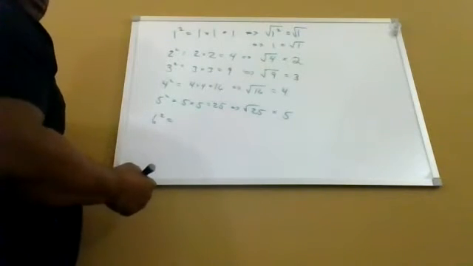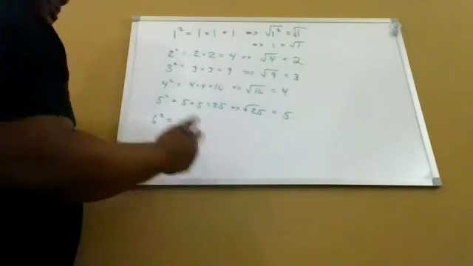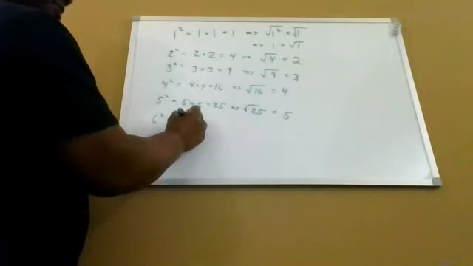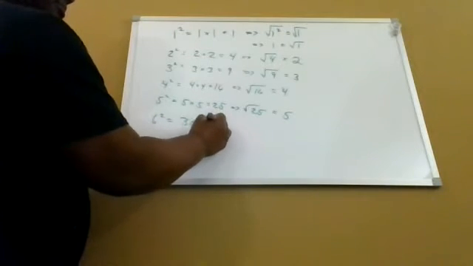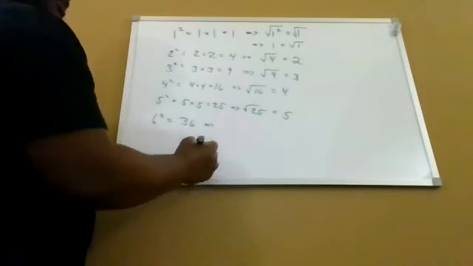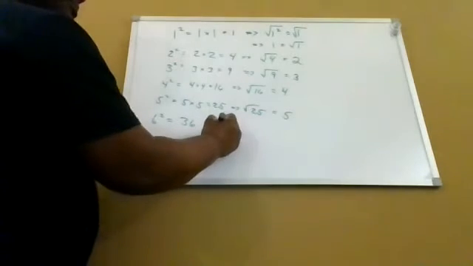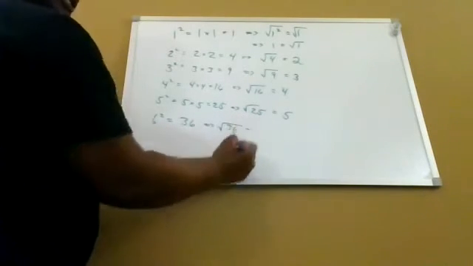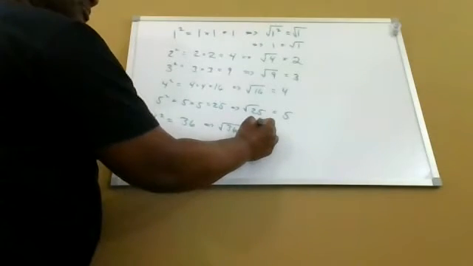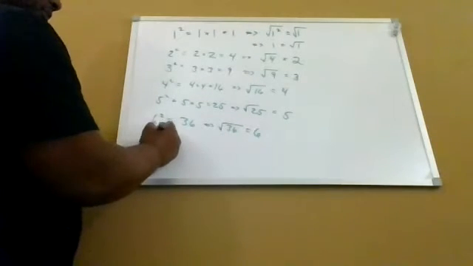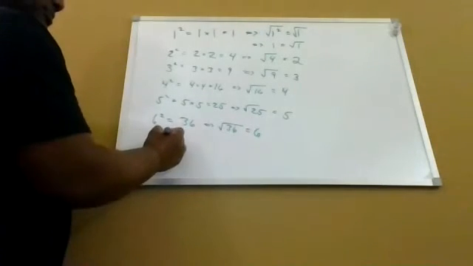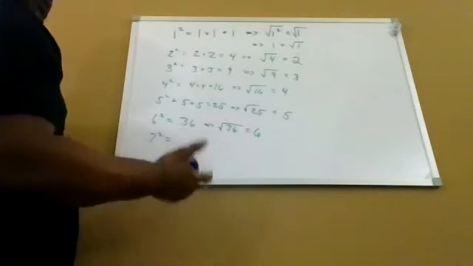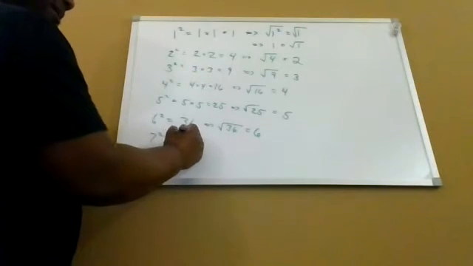6 squared means 6 times 6, so that equals 36. So then the square root of 36 equals 6. 7 squared means 7 times 7, which is 49.